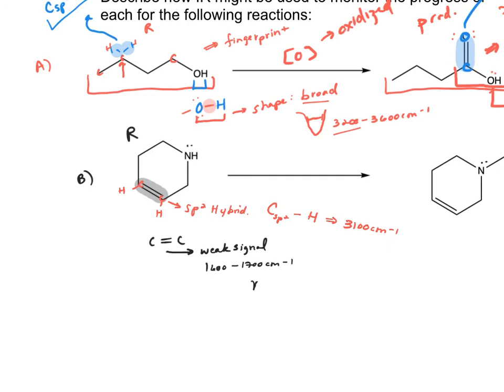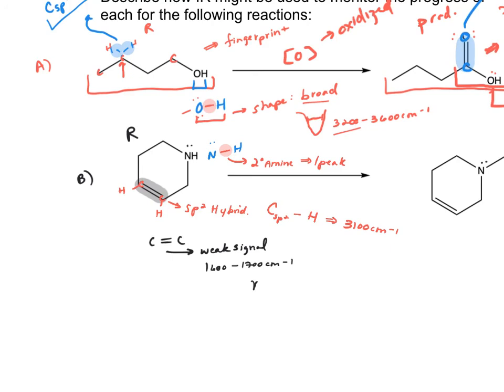And then finally, we also will find the presence of this nitrogen-hydrogen bond, which we highlight in the diagnostic region. This is a secondary amine, so we expect only one peak from this bond, not two as you would find for a primary amine.